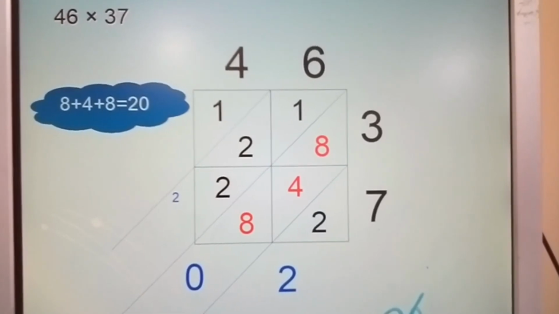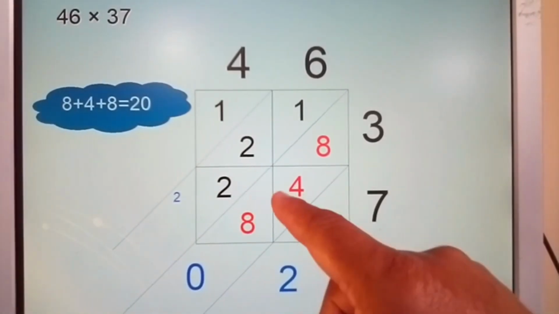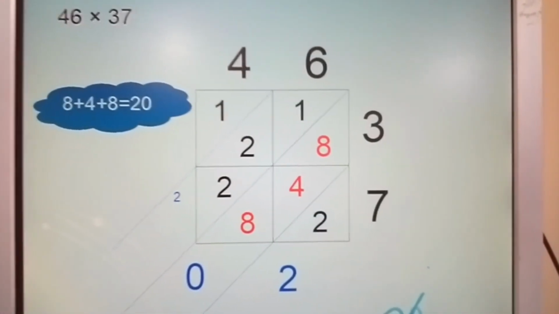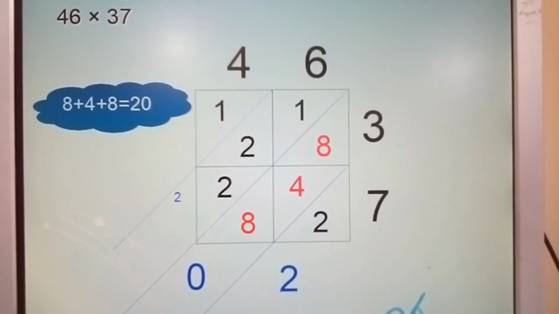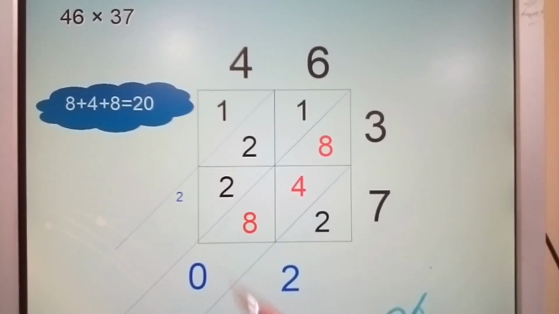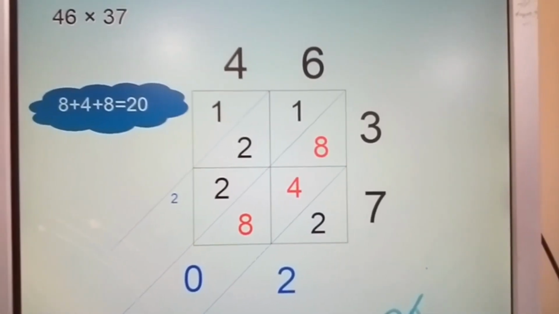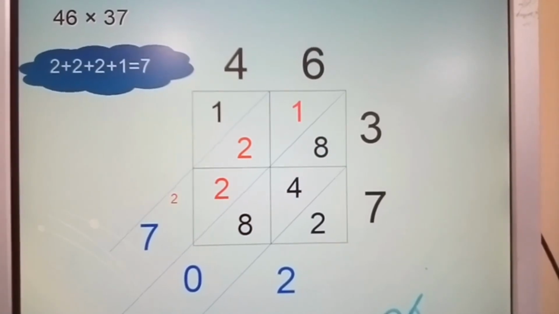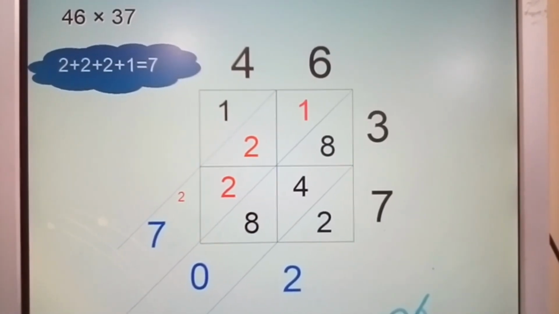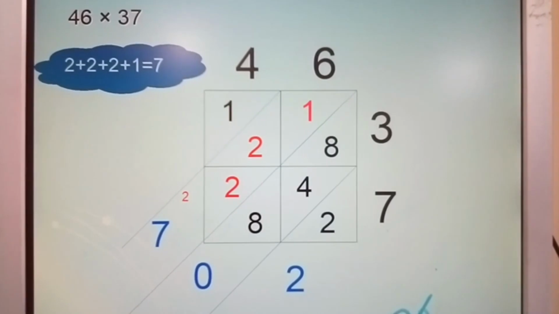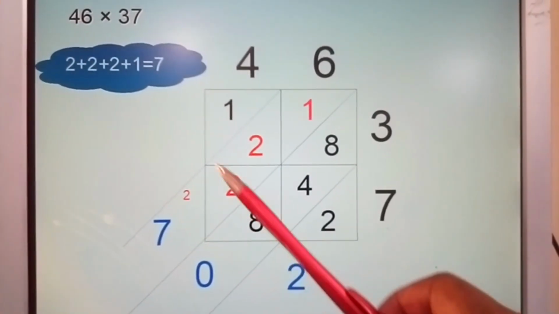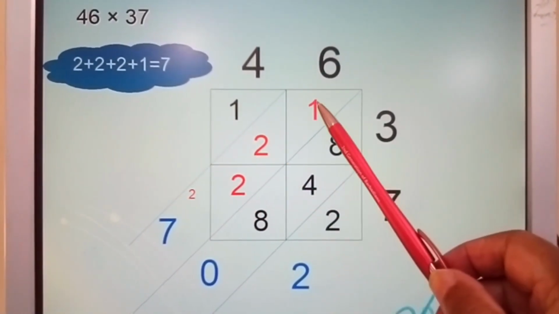Now, what's 2 add 2 add 1 add 2? So what number are we going to get here in our diagonal? Let's see if you're right. It should be 7. Now why 7? Because 2 add 2 is 4, add 2 is 6, and 1 is 7.